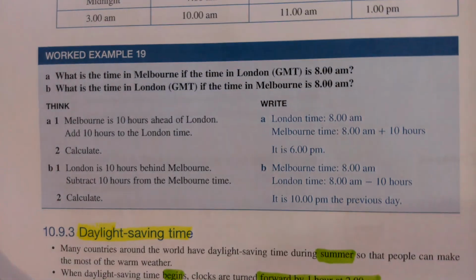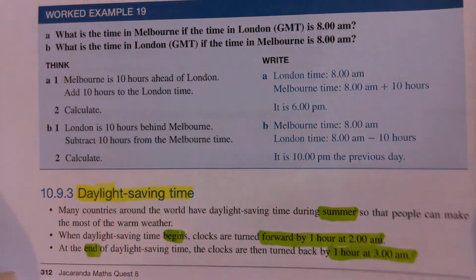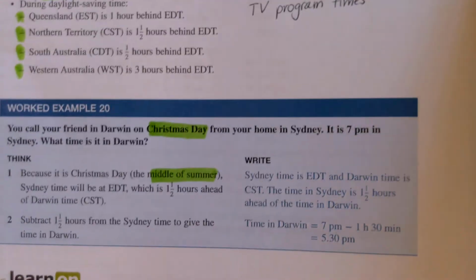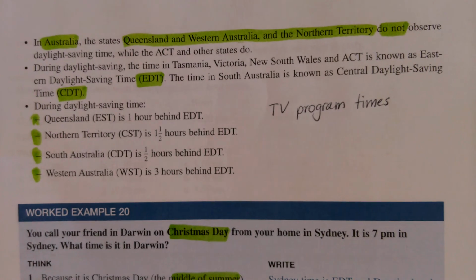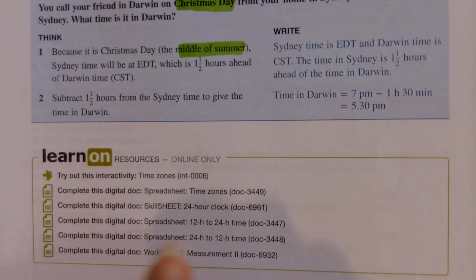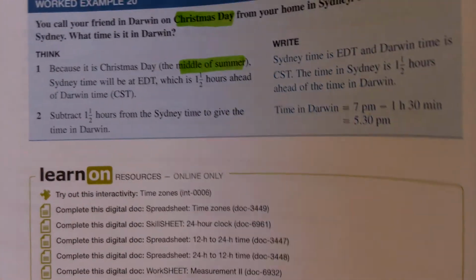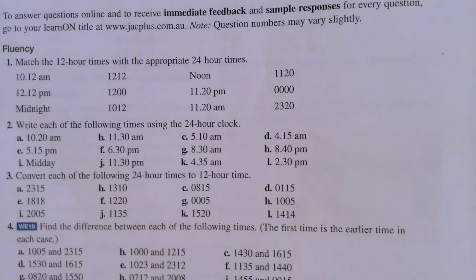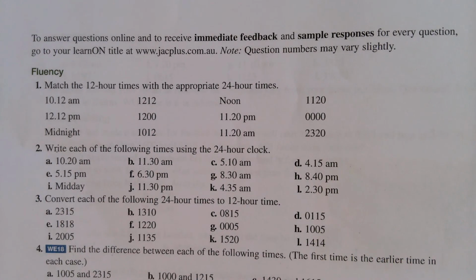There's another worked example here for your time zones. Daylight saving time is explained to you. There's some information there you might like to copy down. And another worked example. So all of these things will be on Jacaranda Plus for you to use and the self-mark. And there's a whole lot of problems for you to work on.